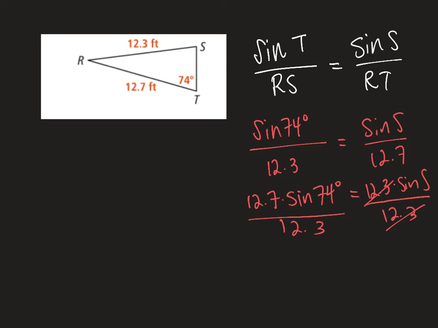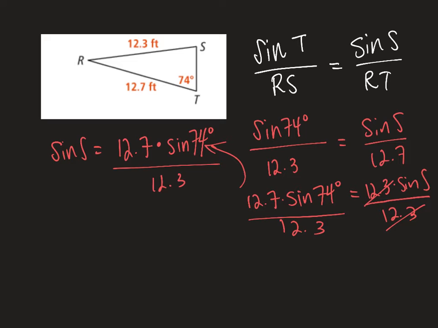So what I am going to have to find is the inverse sine, because I'm going to have to solve this particular equation. So let's go over here. I've got the sine of angle S is equal to 12.7 times the sine of 74 degrees, all divided by 12.3.